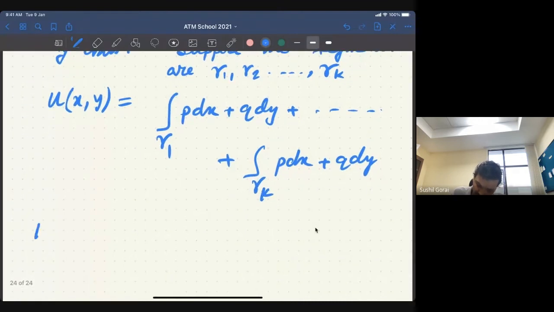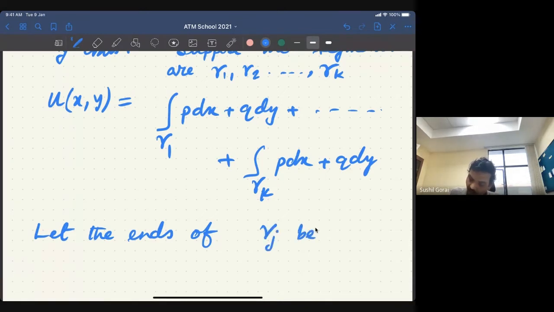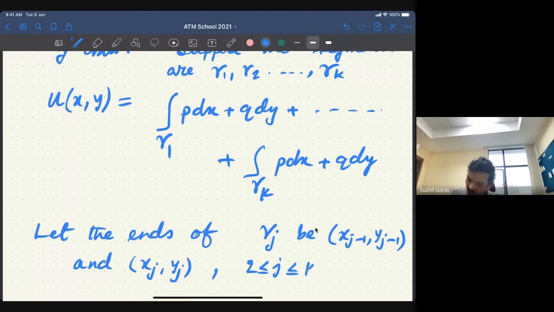Let the endpoints of gamma j be (x_{j-1}, y_{j-1}) and (x_j, y_j), for j from 2 to k minus 1.